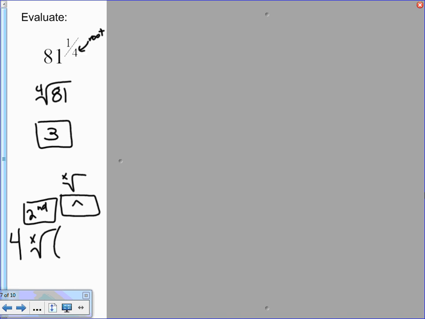You don't want the one that's the square root without the x, because then it will do 4 times the square root of 81, which is 4 times 9, or 36. We want the 4th root of 81, so we need that little x there. So see if you can make your calculators work with that. And I'm sure the cell phone calculator can do a root too, if you're doing your homework at home or out and about.